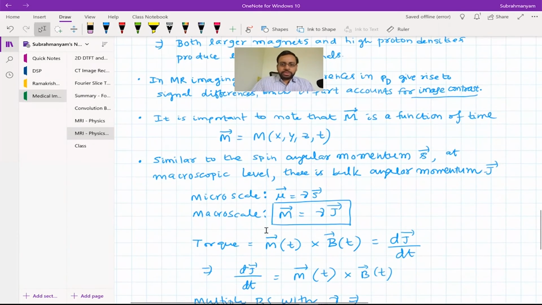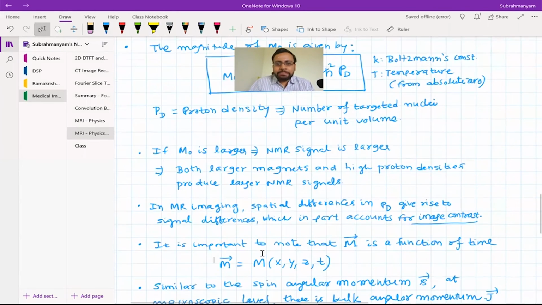Now what we are going to see is, we have seen earlier the spin angular momentum. The spin is rotating at an angle, and that spinning of the charge is giving you a dipole effect. That is the spin angular momentum at a microscopic level. Now you could observe an angular momentum at the macroscopic level as well for this m bar.